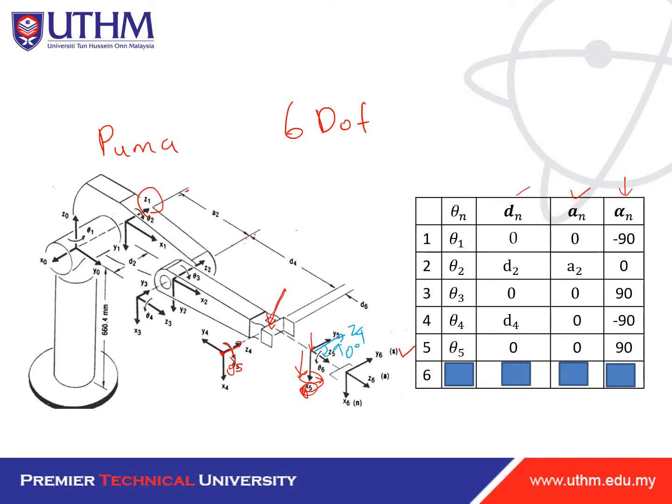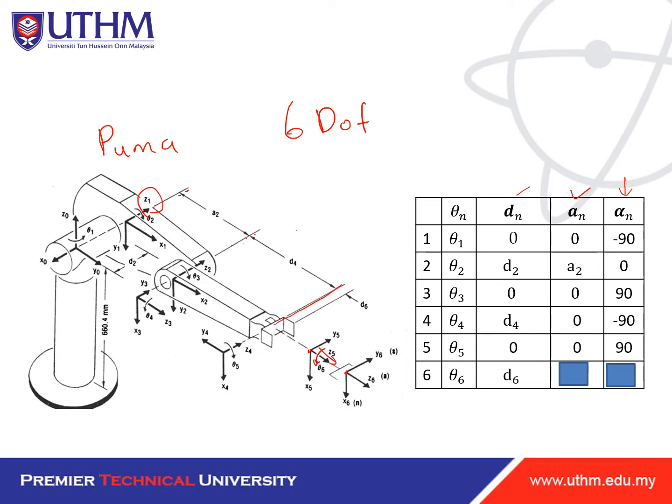So let's go for the last one, frame 6. We want to find the z5 rotation, so we have an active motor here which is theta 6, so we just put theta 6. Then we have the movement from this point here to here in z5, and the movement is equal to d6, which is this distance here.